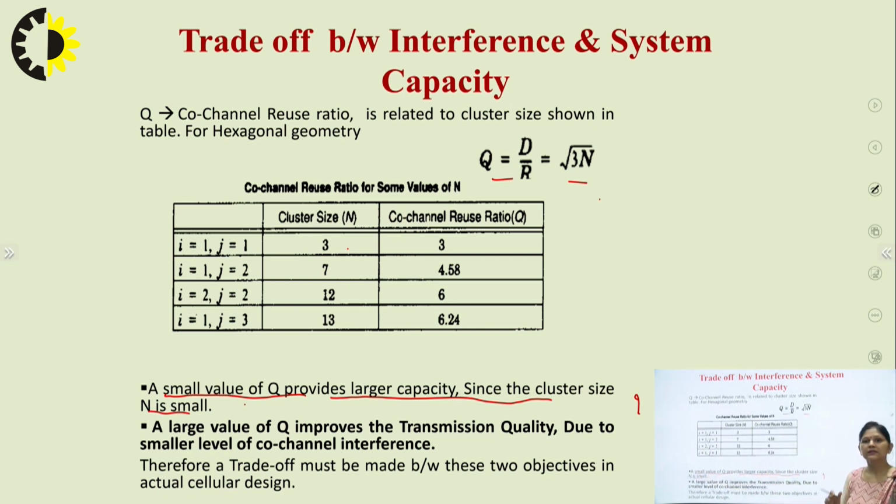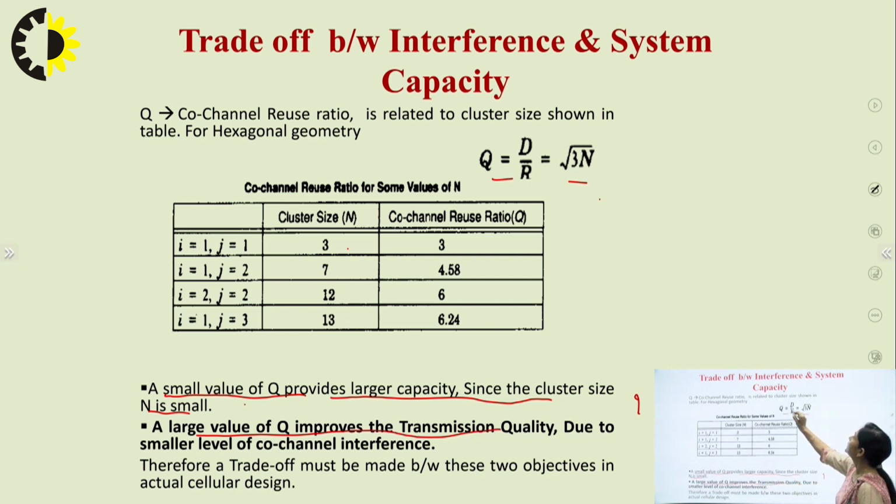As the cluster size n is small, more clusters will be required to cover a particular area, and capacity depends upon the number of replications of a particular cluster; it is directly proportional to that. So if the number of times we replicate a particular cluster in an area increases, then the channel capacity increases. That's why a small value of Q provides large capacity as the cluster size n is small.